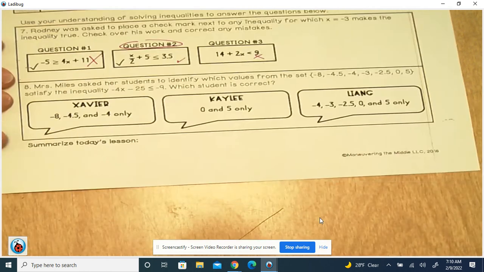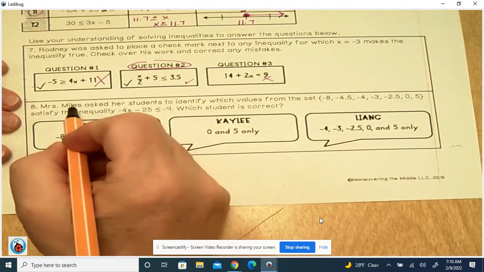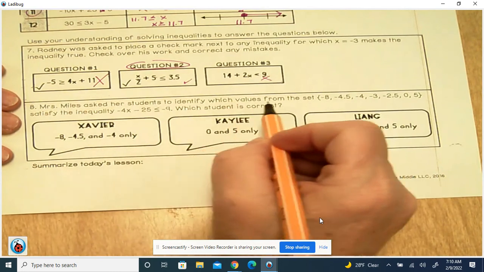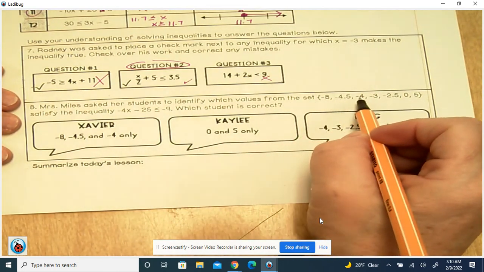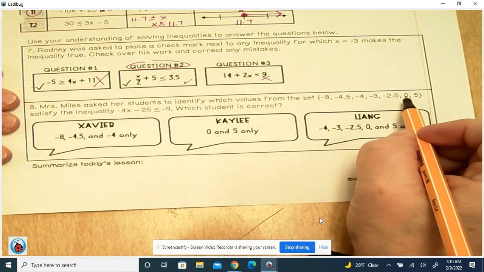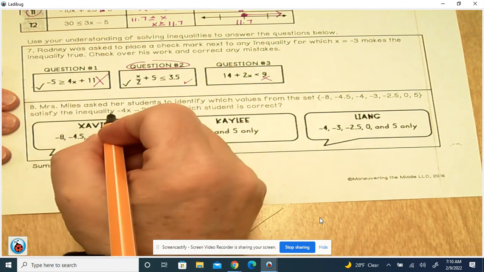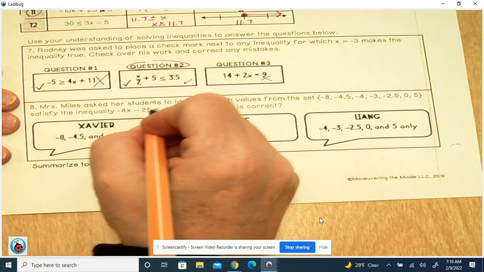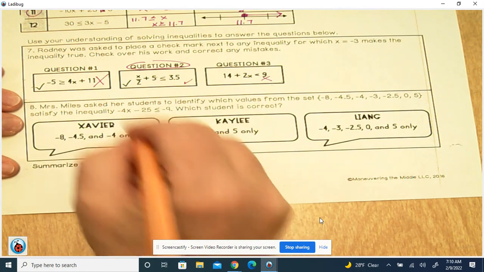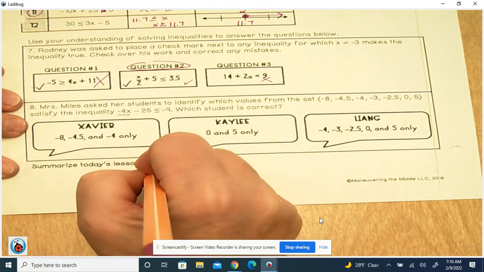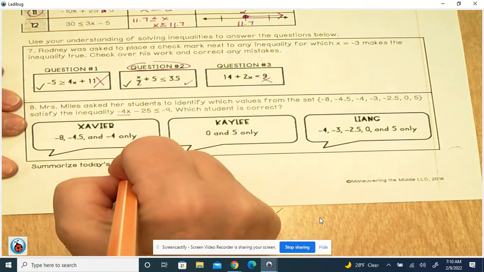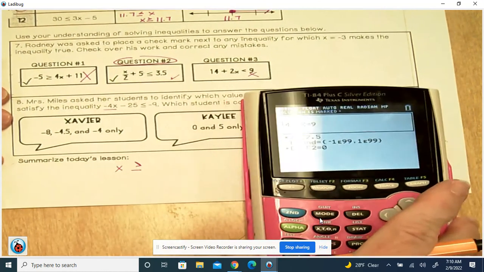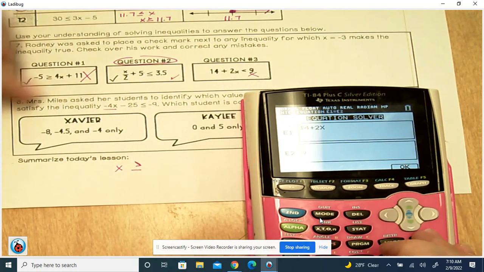Okay, so the last one, Miles asked her students to identify which values from the set negative 8, negative 4.5, negative 4, negative 3, negative 2, 0, and 5 satisfy the inequality negative 4x minus 25 is less than or equal to 9. All right, it's divided by a negative, so we know it's going to switch. So let's see what that comes to when we solve that equation.